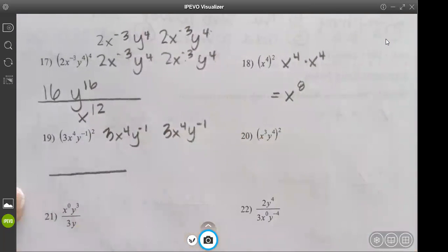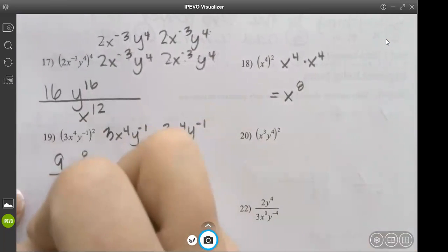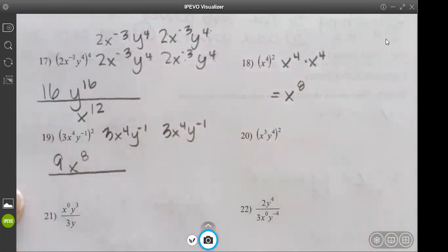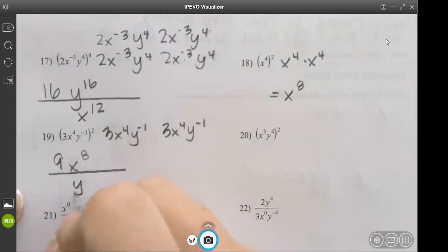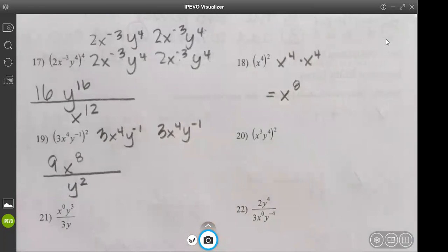Since we have some negatives, I'm going to draw that bar. 3 times 3 is 9. 8 x's. And then where do your y's go? And they're perfect. And there are 2 of them and they go on the bottom. Perfect.